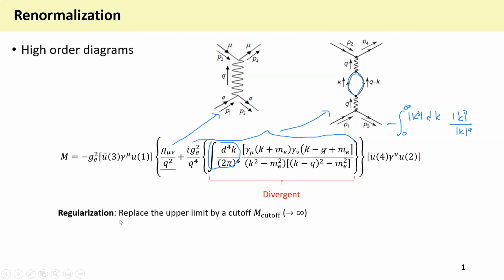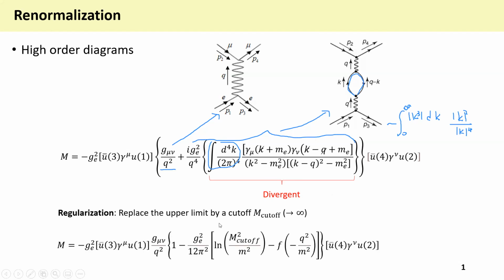First, people imposed the method of regularization. That is, we replace the upper limit by a so-called cutoff M, and this is the result when we impose this cutoff mass. You can see that now the whole amplitude can be written in two terms.